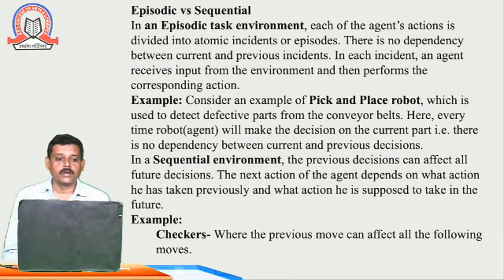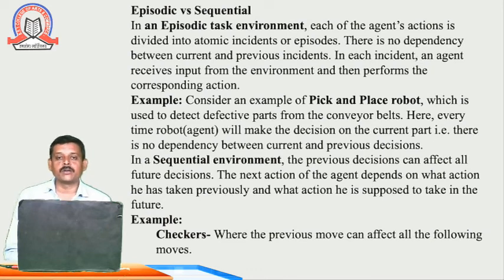Then we have episodic versus sequential environment. In an episodic task environment, each of the agent's actions is divided into atomic incidents or episodes. There is no dependency between the current and the previous incidents. In each incident, an agent receives input from the environment and then performs the corresponding action.